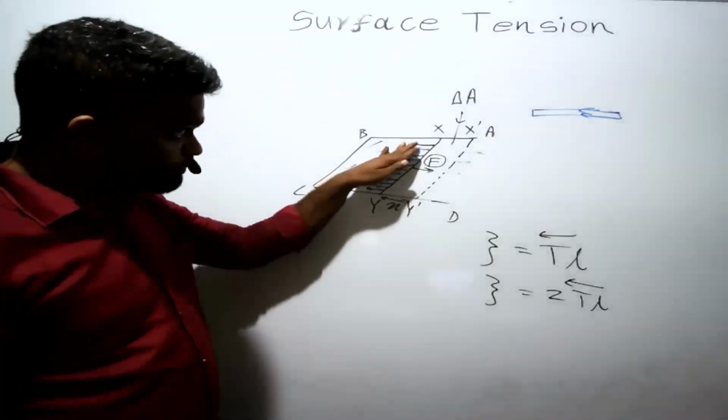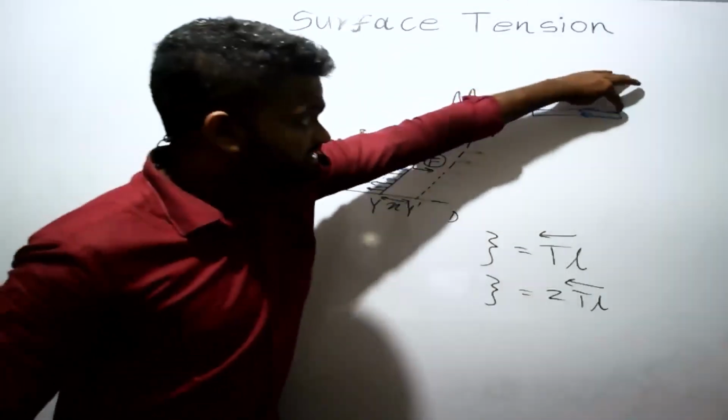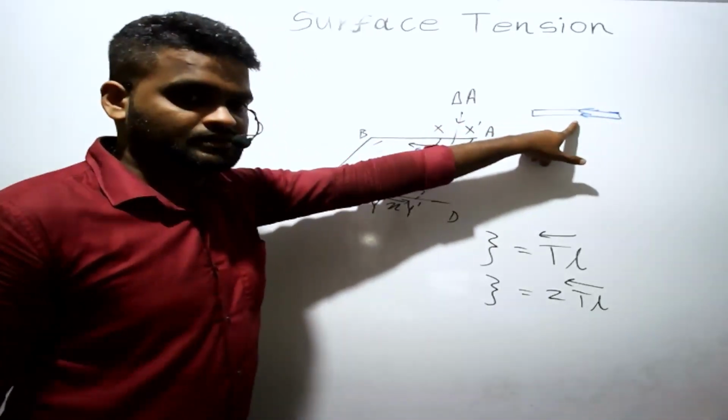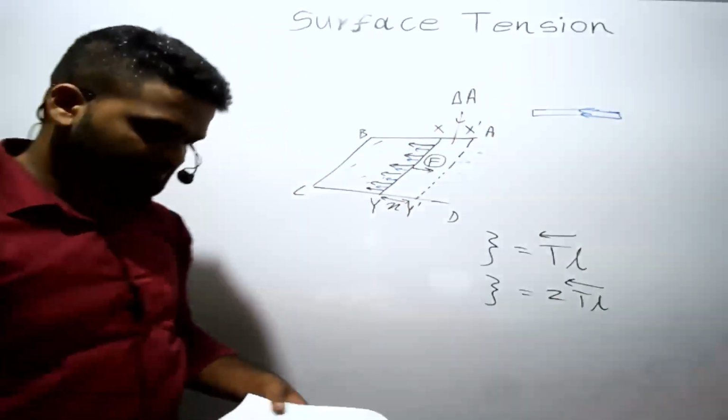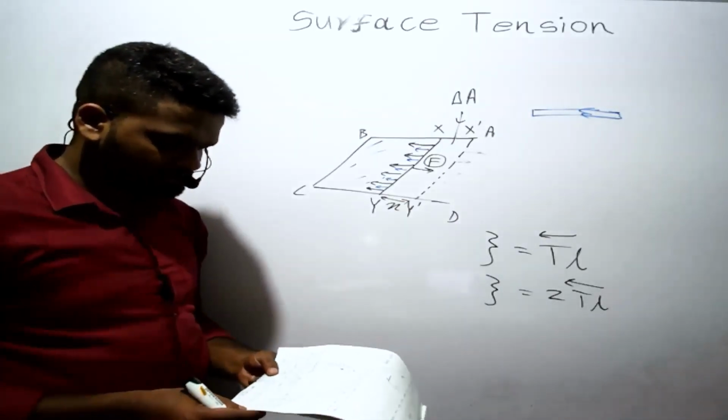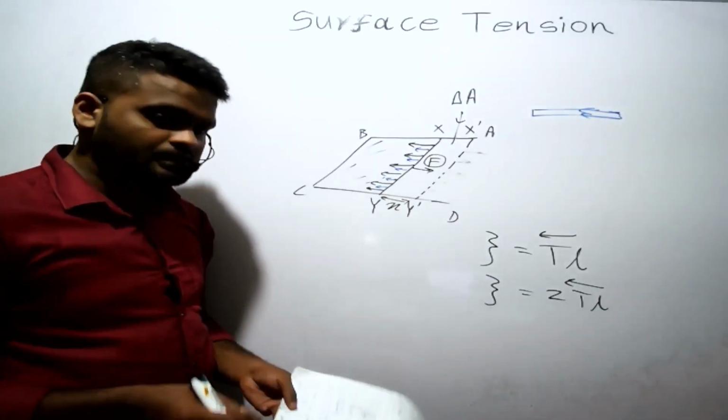So we consider both surfaces, this surface and this surface, TL, TL. We have 2TL, right?